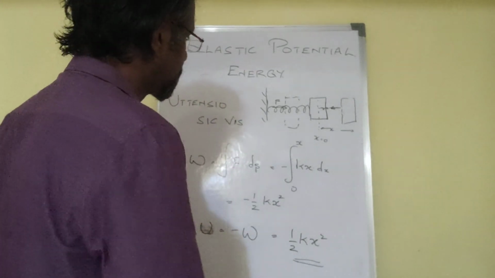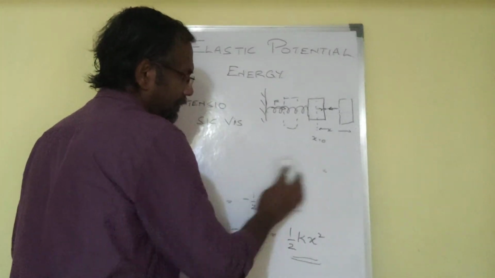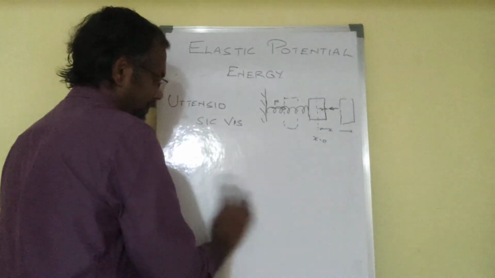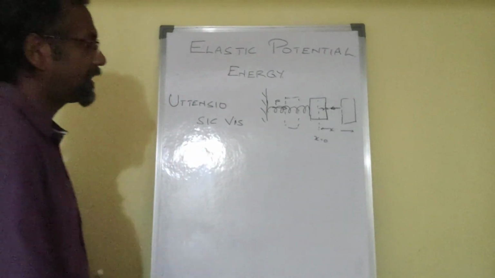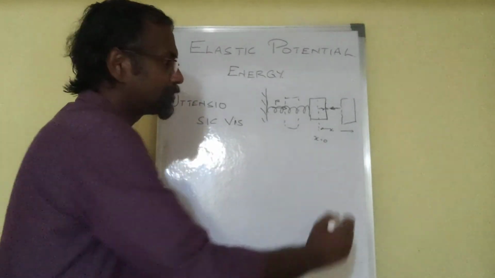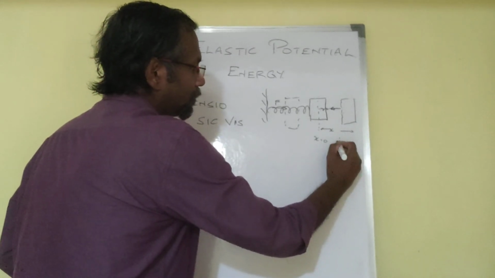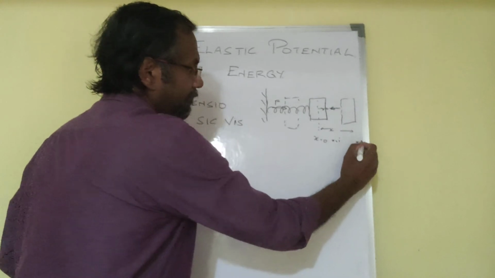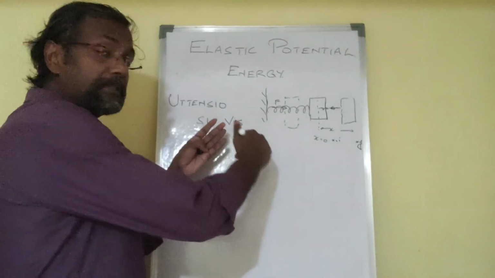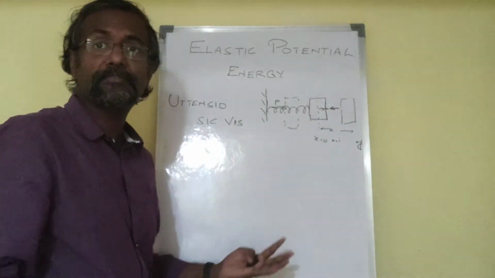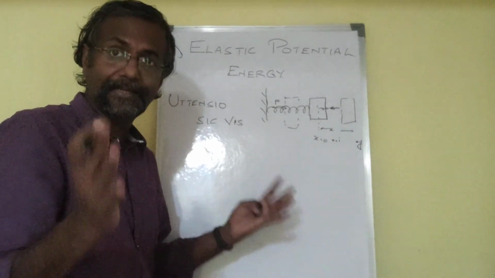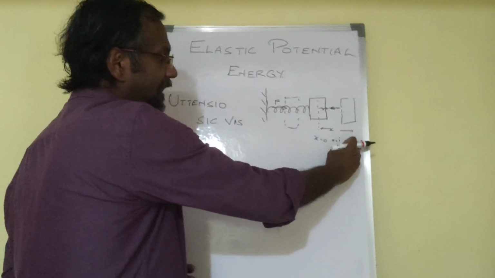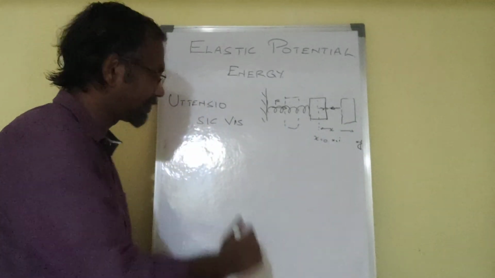A little more of a simple derivation, which you should know: let's say I stretch this from a position x equal to i, and then I stretch it to x equal to f, which is the final position. Remember, the stretching and compressing remains the same, right? The elastic potential energy remains the same. So let's say the initial position is i, and the final position is f.